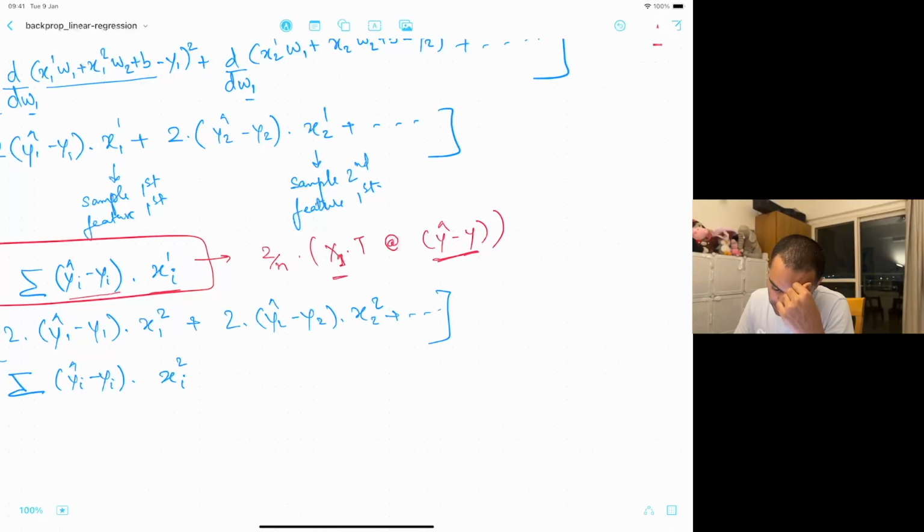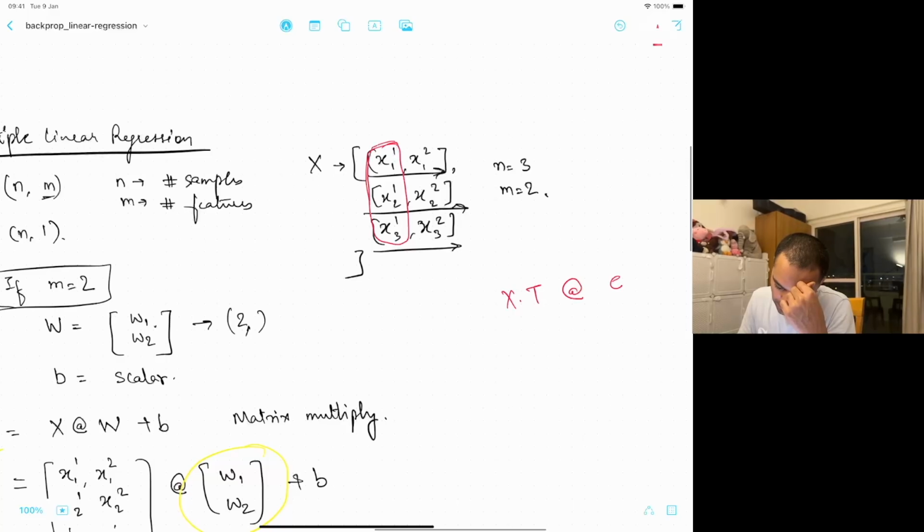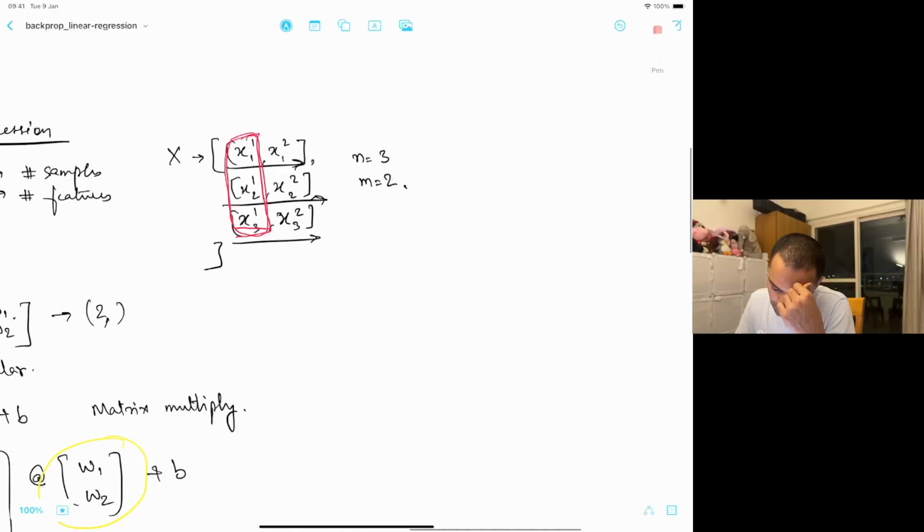So x1 is nothing but this entire column, and if you transpose it, it will become a row vector. So the row vector x11, x21, x31, so basically n samples of the first feature.